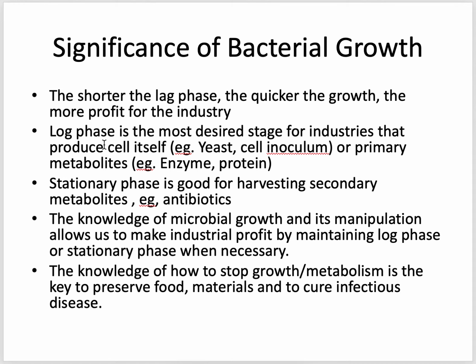So why are we calling them secondary metabolites? When the microorganisms are in their stationary phase, at that time they need to produce some biomolecules which are required for their survival, because during the stationary phase microorganisms fight for their survivability, because at that time there is a scarcity of nutrition.